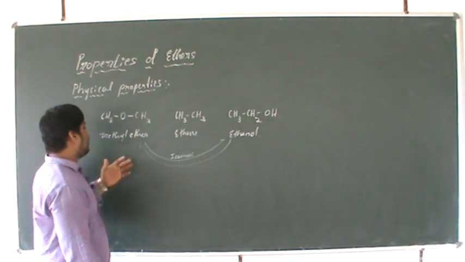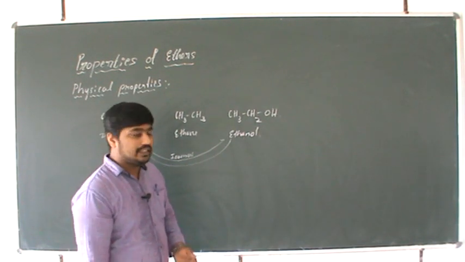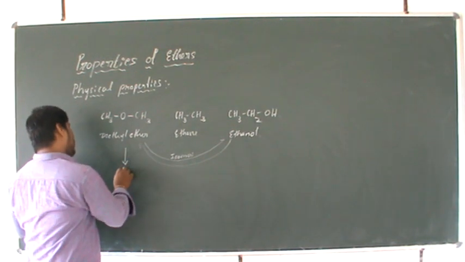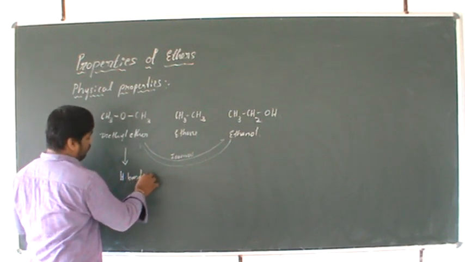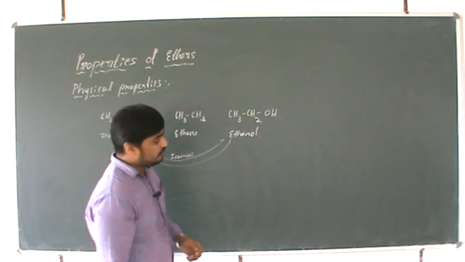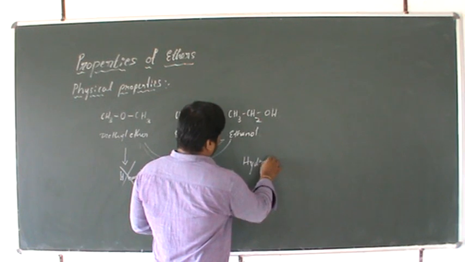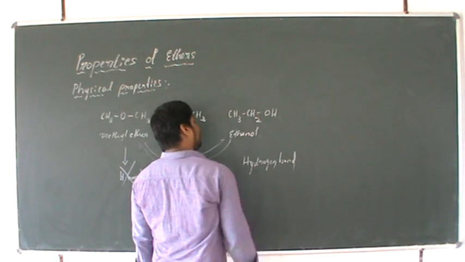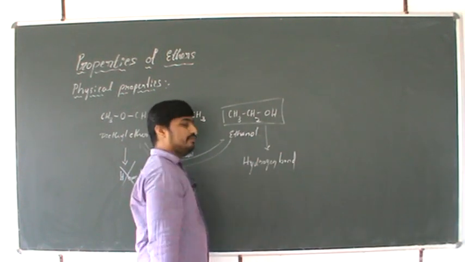When we compare the corresponding ethers and ethanol, or the isomers of ether and alcohol, ether does not form hydrogen bonds. There is no hydrogen bonding in ethers. But in the case of alcohols, we observe hydrogen bonding between the molecules of the alcohols.